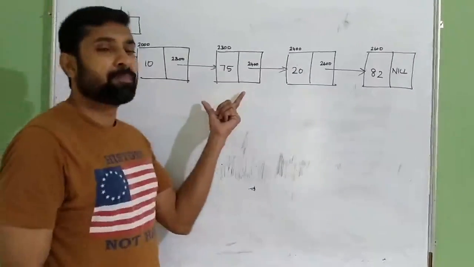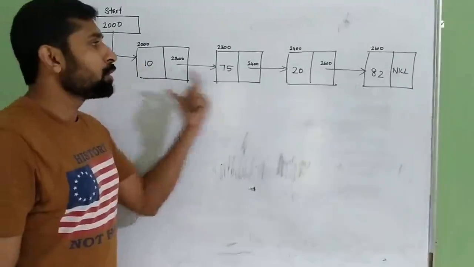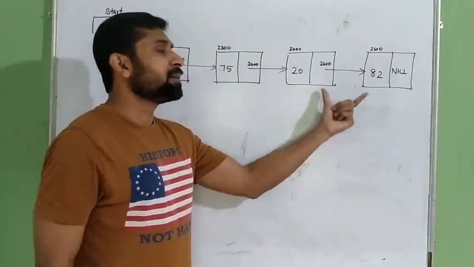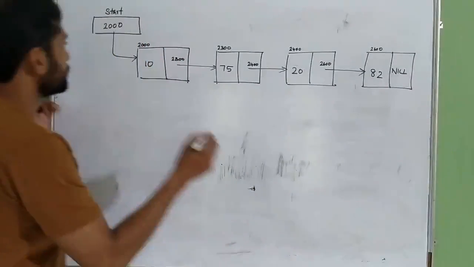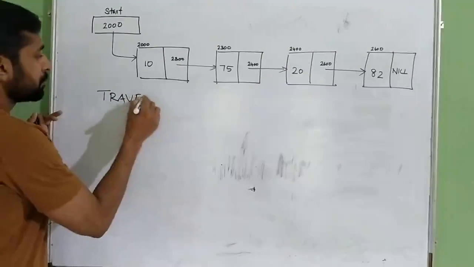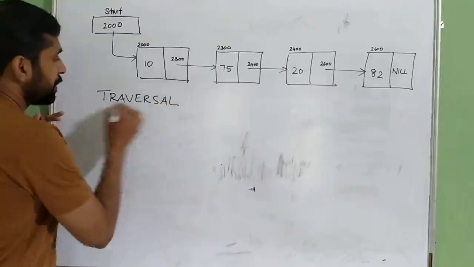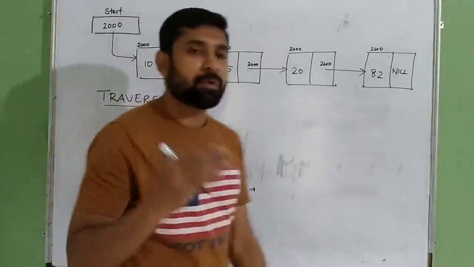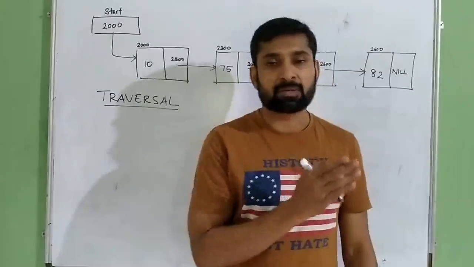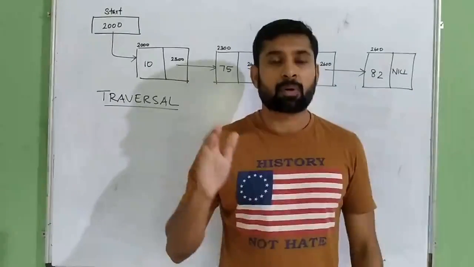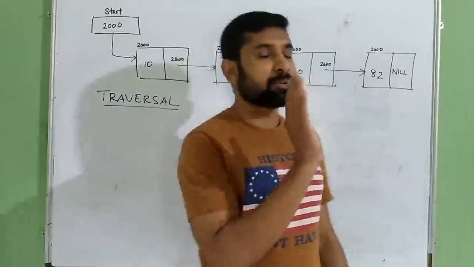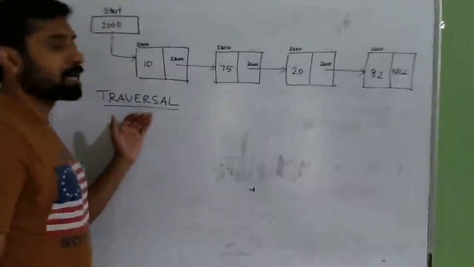What is traversal? Visiting all the nodes or accessing all the nodes in the linked list is called traversal. Traversal means if we are moving through a list or an array or a data structure, and we are visiting all the elements, or accessing all the elements, or performing some operations on these elements, it is called traversal.